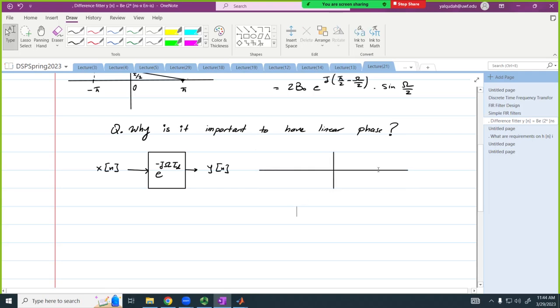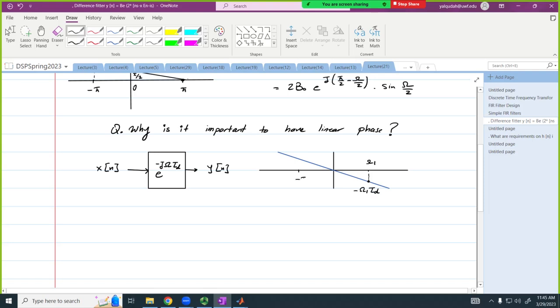When I am at any frequency, I have a line that looks like this, and at any frequency, if this is omega 1, the phase is going to equal negative omega 1 multiplied by tau delay.